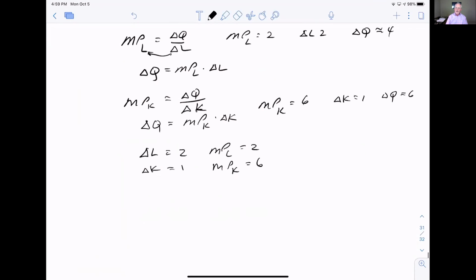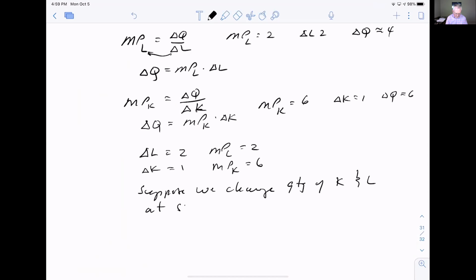Then, when I move along an isoquant, I'm increasing L as I move down the isoquant and decreasing K. But suppose we change quantities of K and L at the same time, what's going to be the simultaneous effect on output?